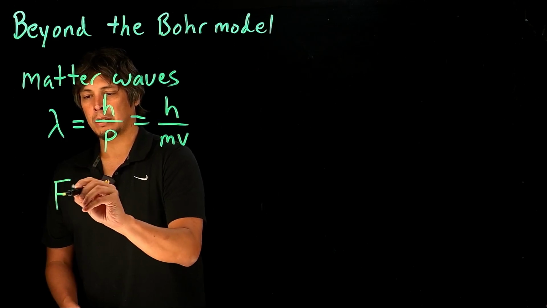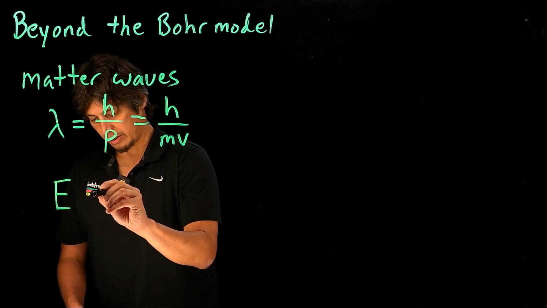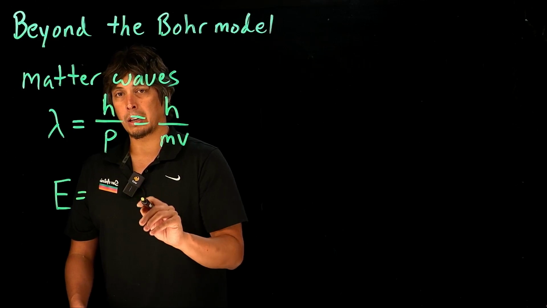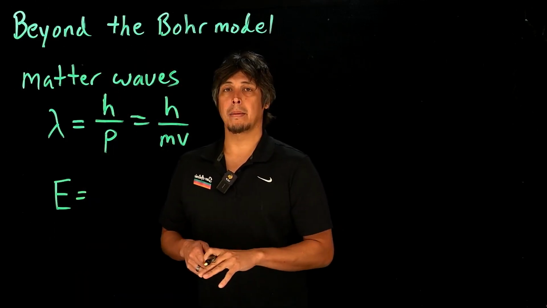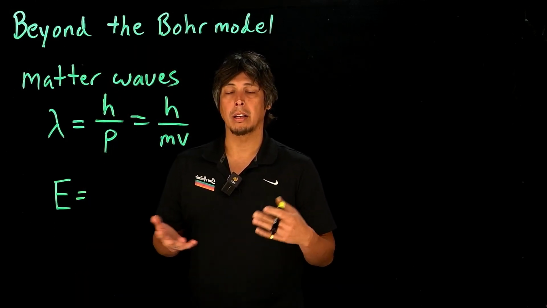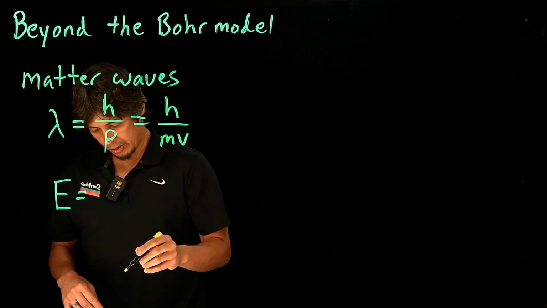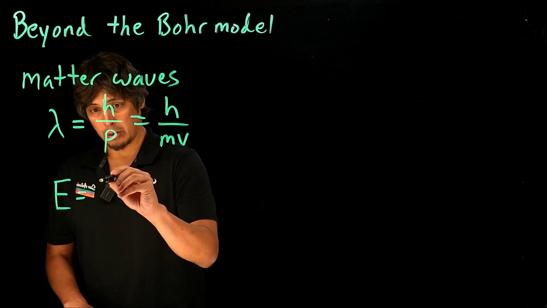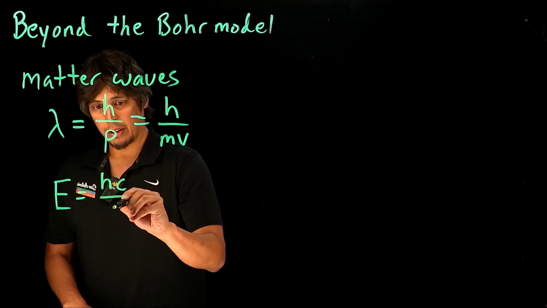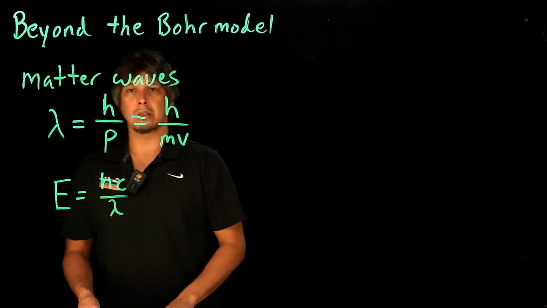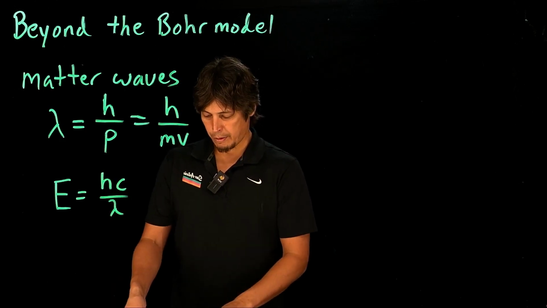And so this leads to a very famous equation, for instance, thinking about matter having wave-particle duality. So a particle also having wave behavior, and so this is probably something you will recognize, where we have E equals hc over lambda, which we've discussed in a previous video.